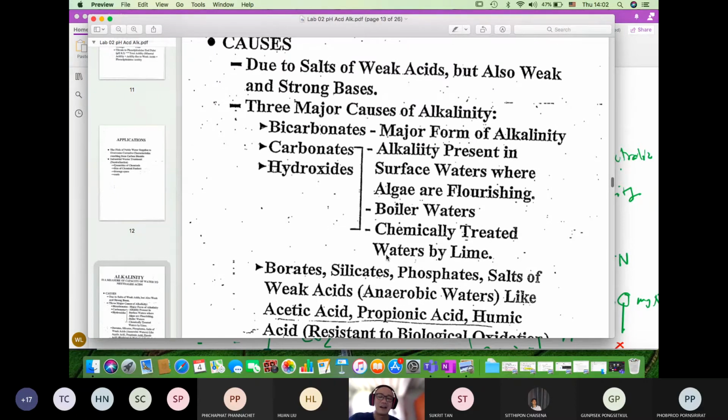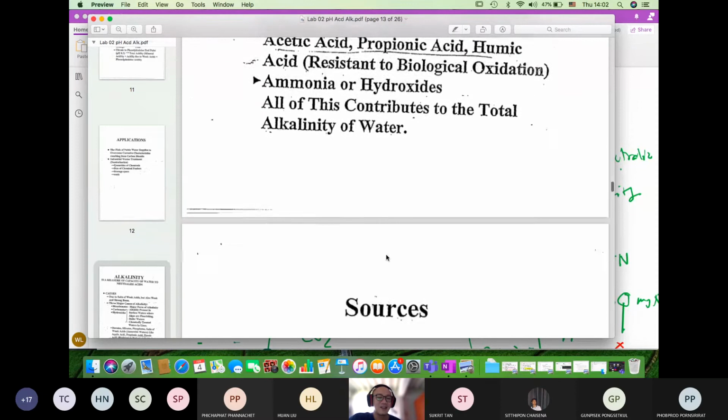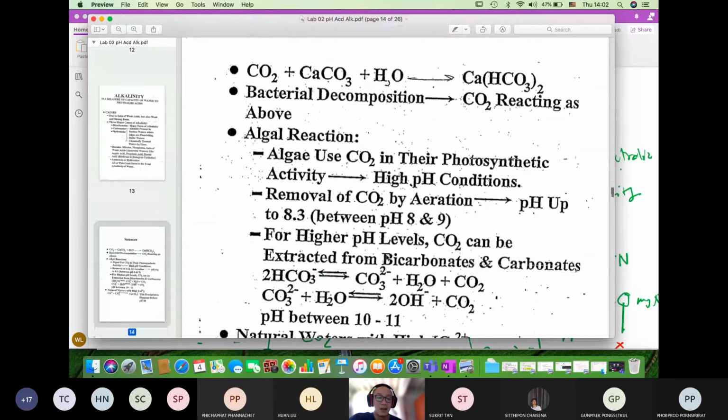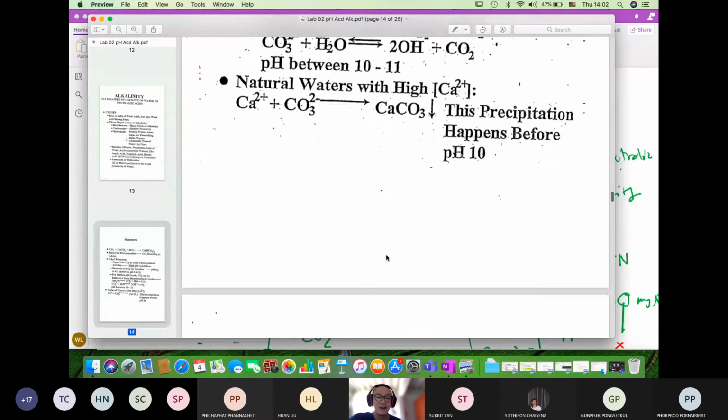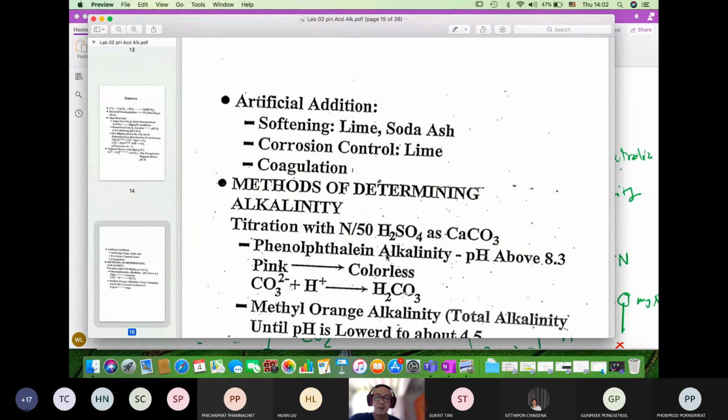But anyway, what are the beneficial uses of alkalinity and acidity information? As I mentioned, for some chemical treatment processes, especially coagulation and flocculation, the process really depends on the pH, or the acidity and alkalinity, in water.